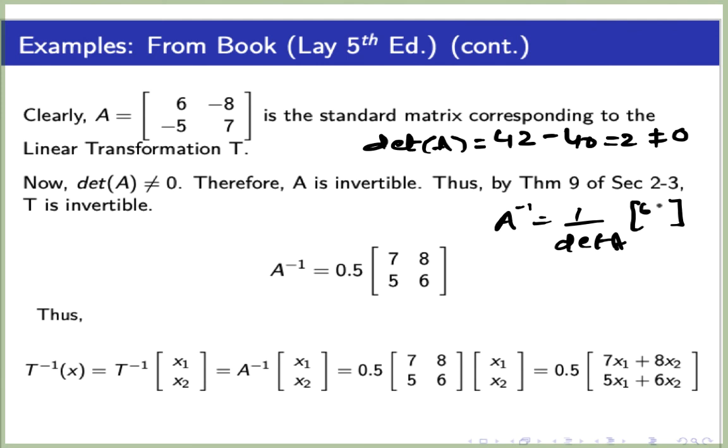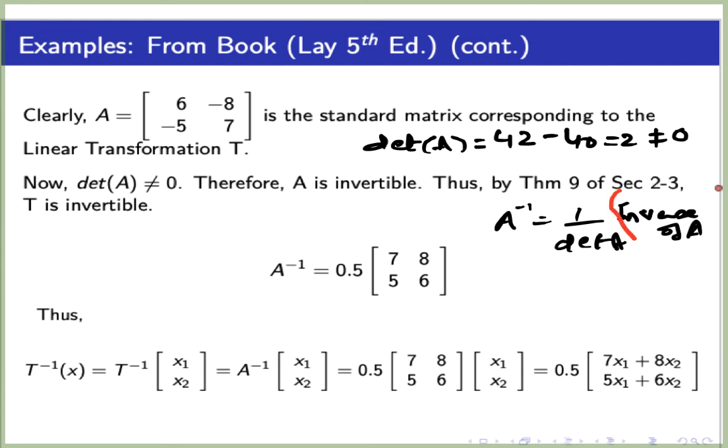So this was the matrix 6, negative 8, negative 5, 7. Let me just write down the inverse of A.